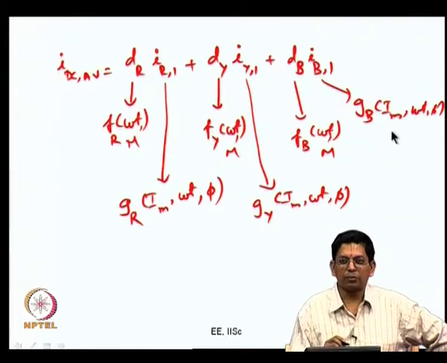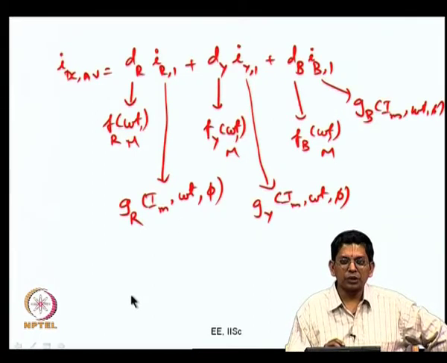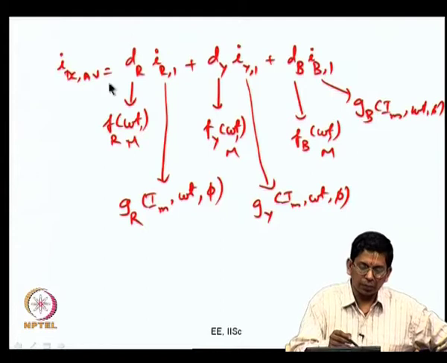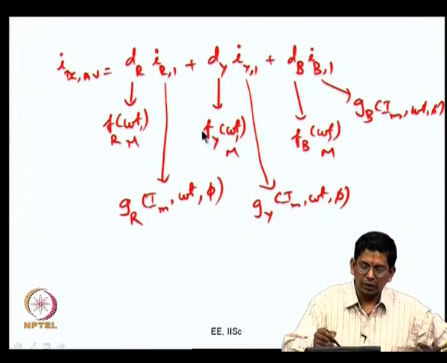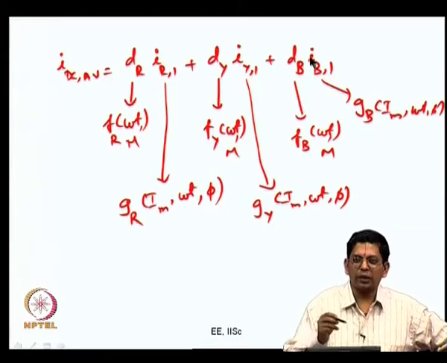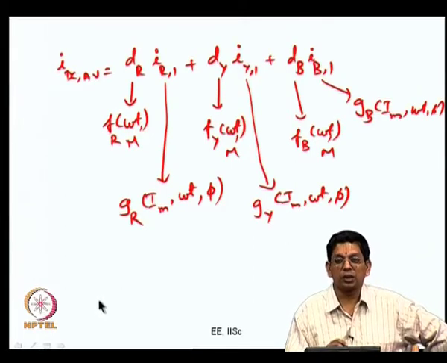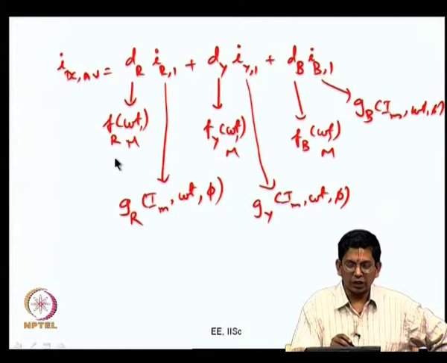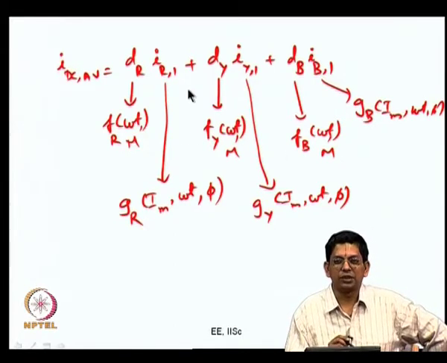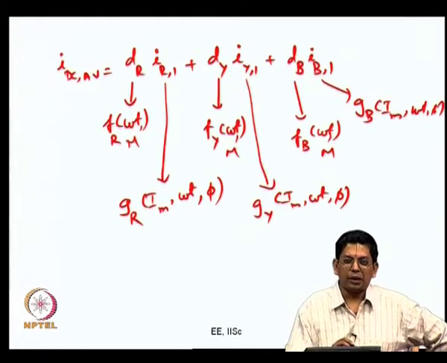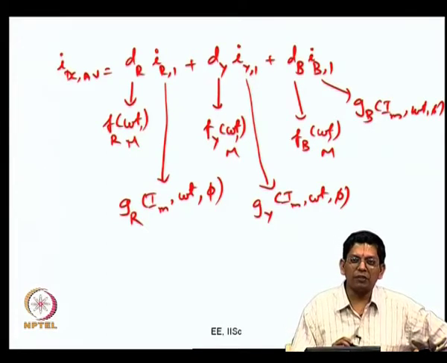So, these are 3 simple functions now. So, what depends on the PWM signal? This depends on the PWM signal dr, dy and dB, and this varies from one PWM method to another PWM method also. So, there will be some variations you must expect when you do these kind of studies here, but there are always some ways to say that there may not be a very significant difference.